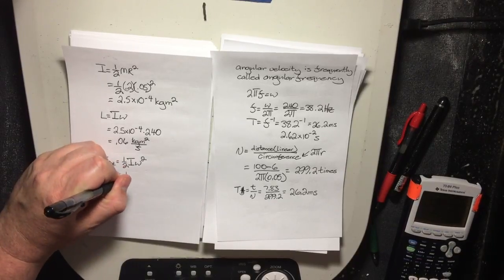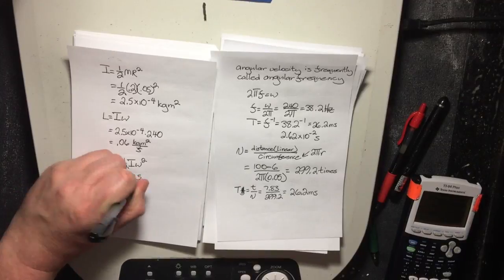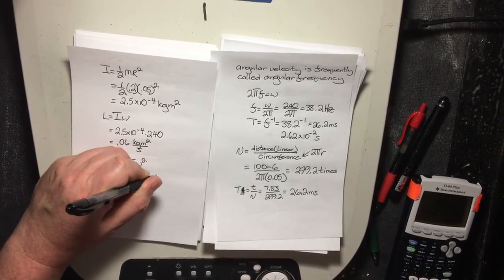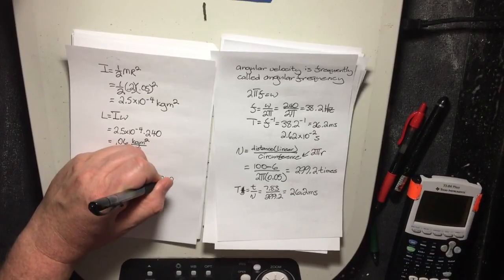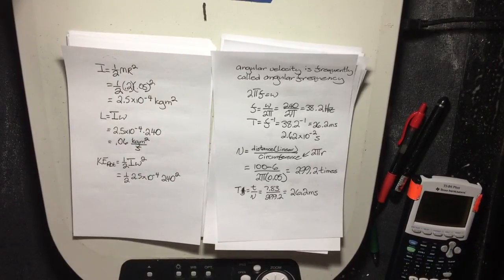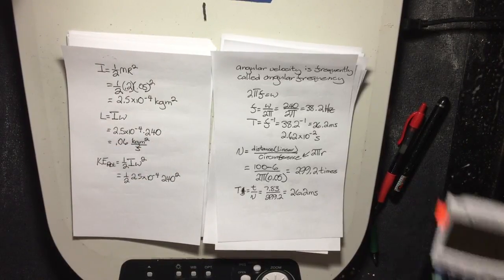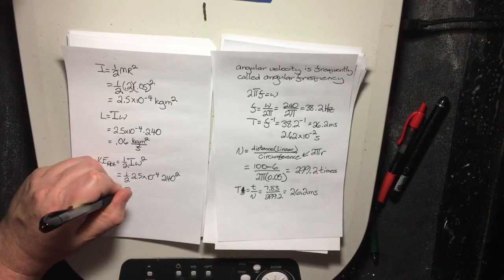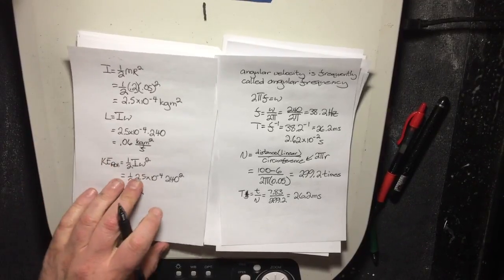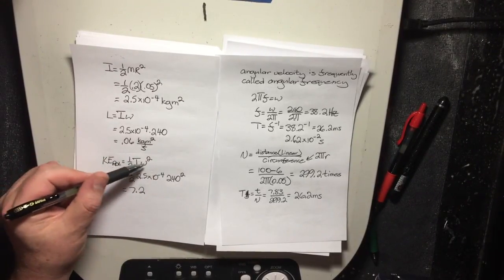So this becomes 1/2 times 2.5 times 10 to the negative 4. Omega is 240 squared. And that gives you 7.2.